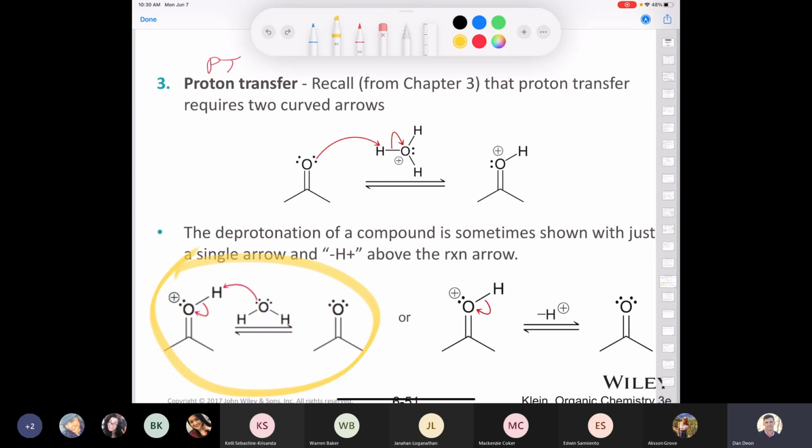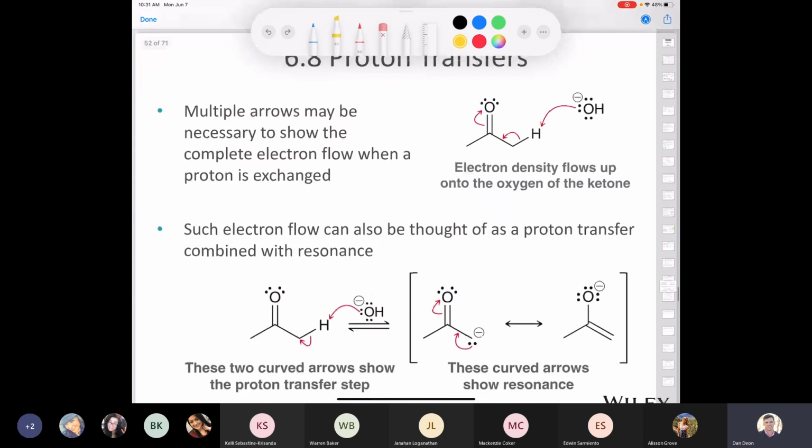If you saw two organic chemists just jamming on a chalkboard, they might write this one curved arrow, and then write minus H plus. Again, it's a shorthand. I wouldn't recommend using it in this class. In fact, in my notes, I see in bold letters, I wrote, "Don't do this yet!" Something you might want to use later on once you're more confident.